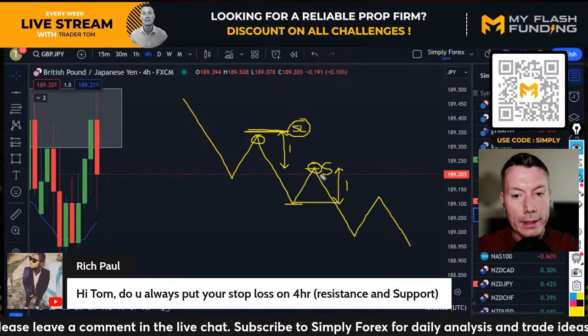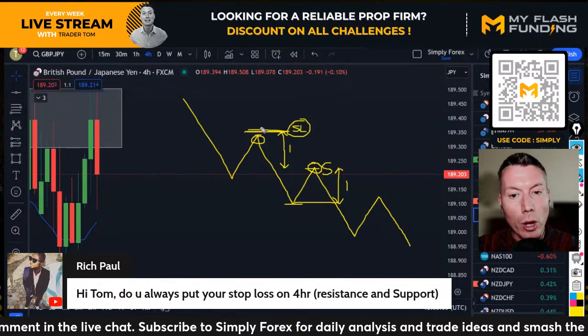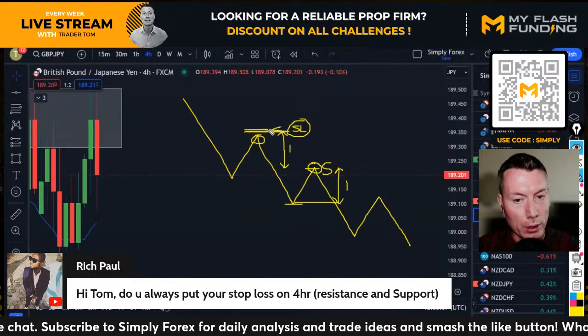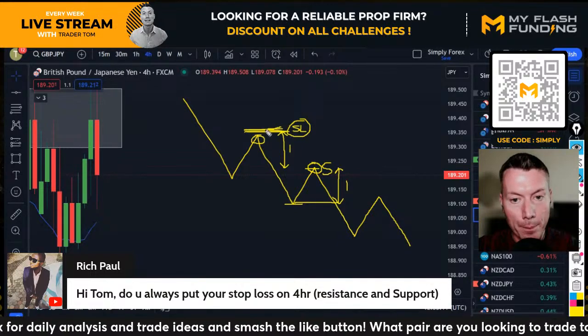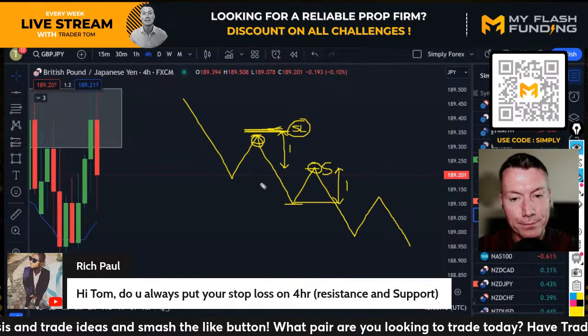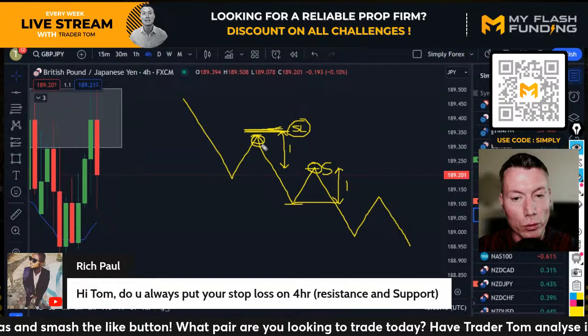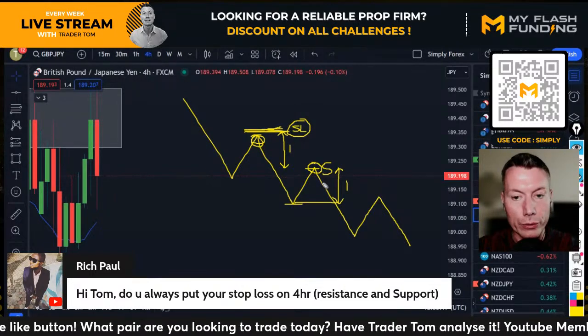I wouldn't like to move the stop loss. That's where I want to hide my stop loss, above the last swing high on the H4. That's really what I want to do.